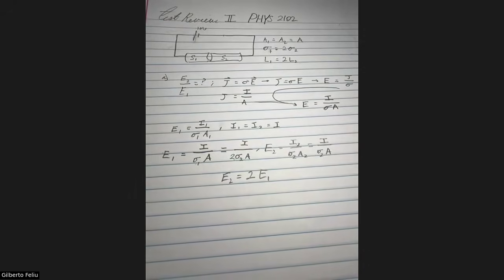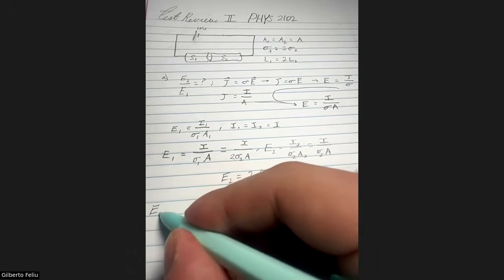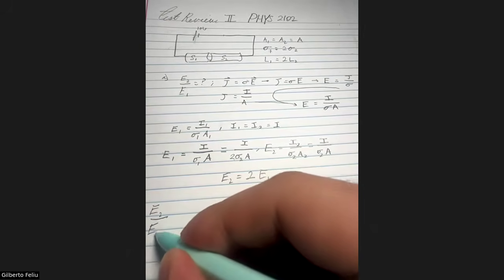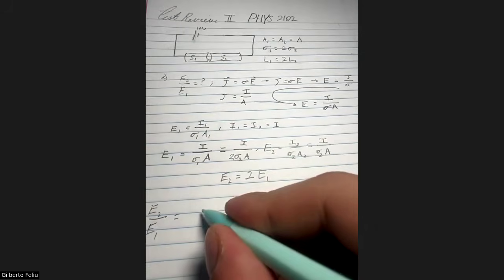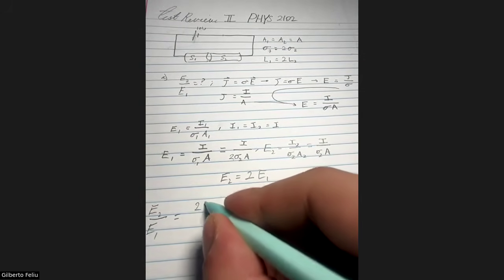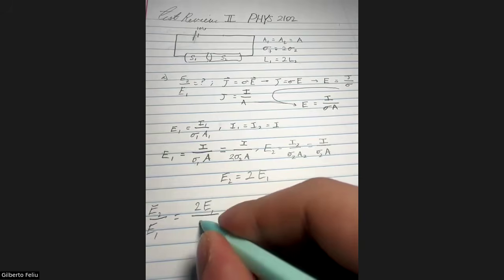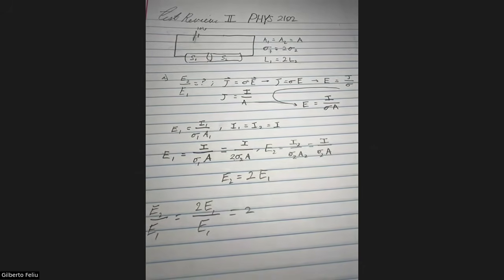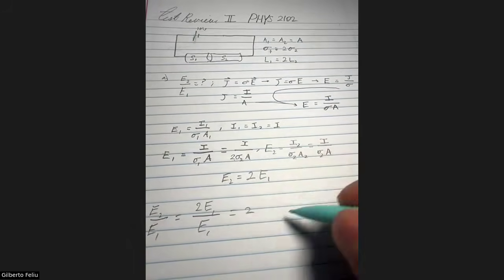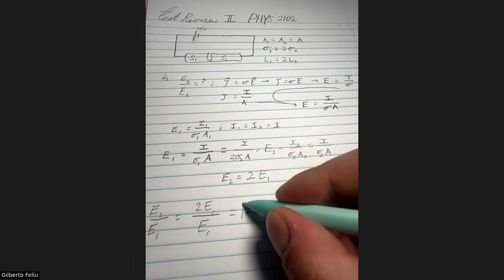We have this equation right here, and it's asking us for this specific ratio, E2 over E1, in which case you have 2 times E1 divided by E1, and the ratio ends up equivalent to 2. 2 is the answer for this part.